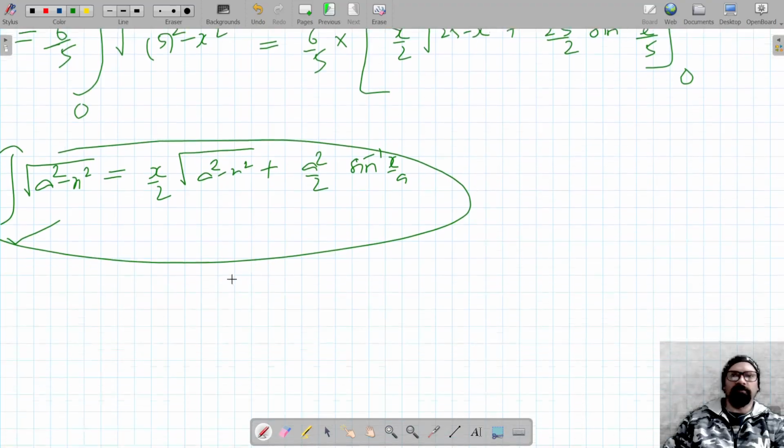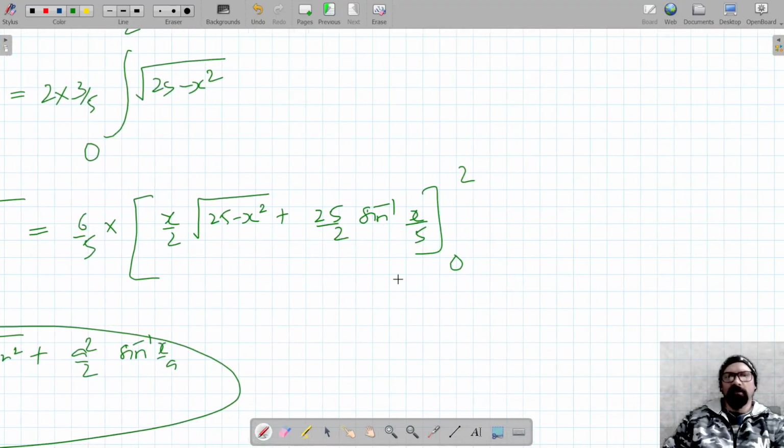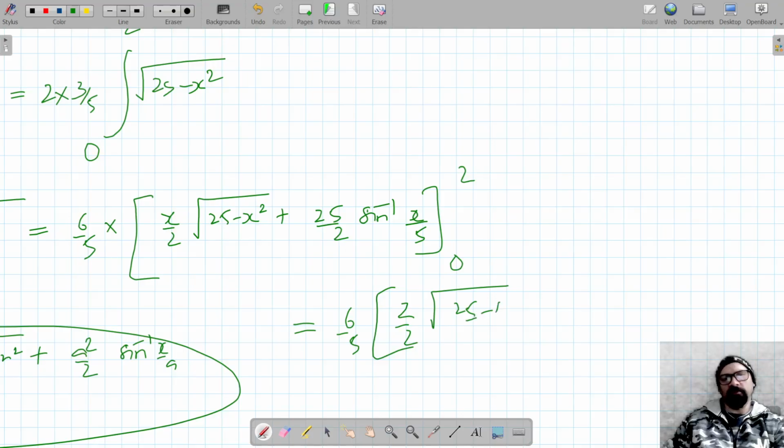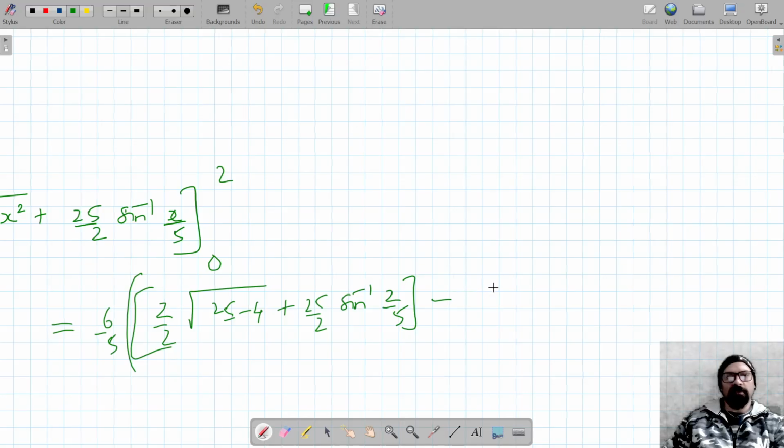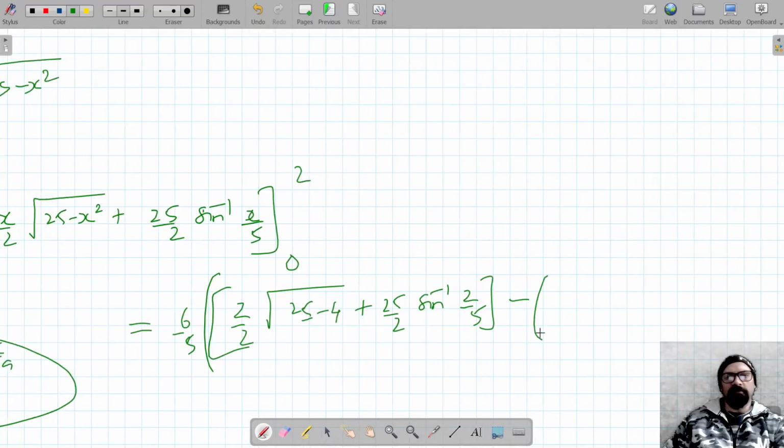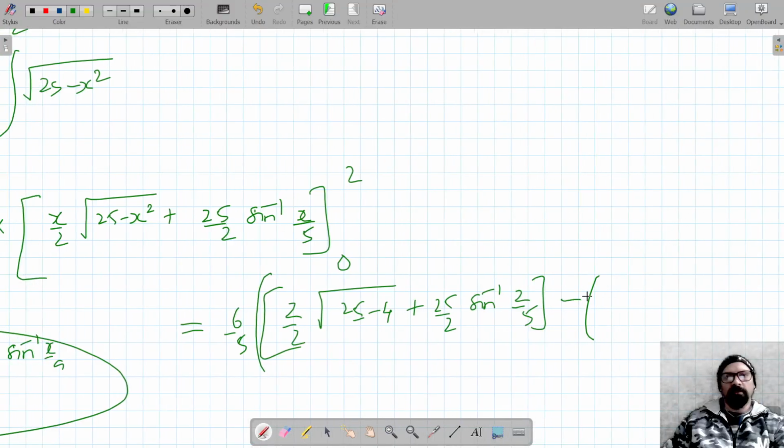So let's evaluate this for the limit 0 to 2. This is 6/5. Let's put in 2: 2/2 times the square root of 25 - 2², which is 4, plus 25/2 sine inverse of 2/5. Minus, now let's use the limit 0, which is 0/2 = 0, and sine inverse 0 is obviously 0.